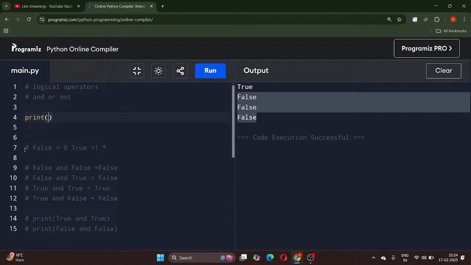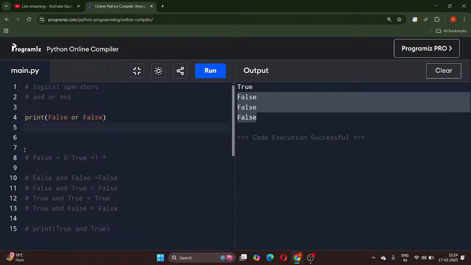The first is false or false, and the output would be false, of course, because the OR operator says that if both of the operands are false, both inputs are false, then you're going to get the result as false, and if even one operand is true, then the final result will be true.